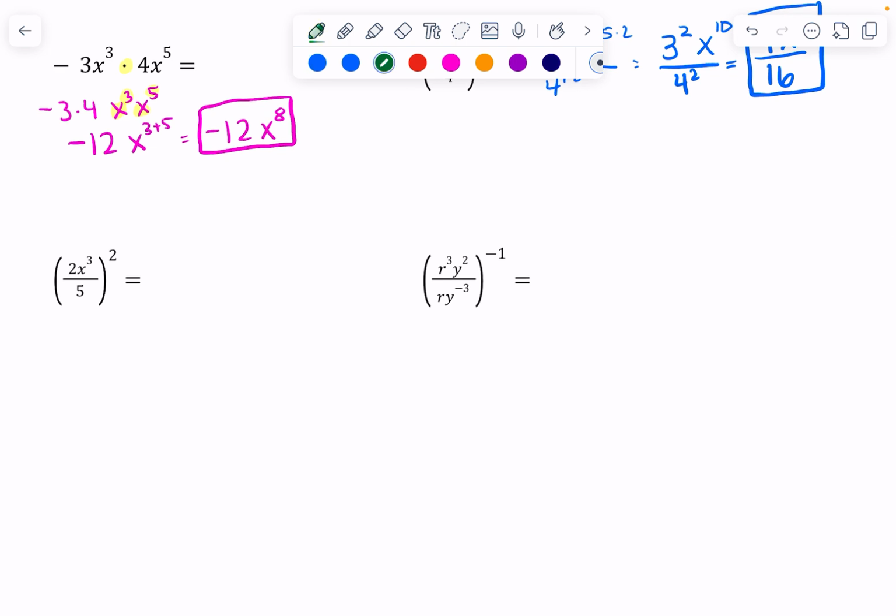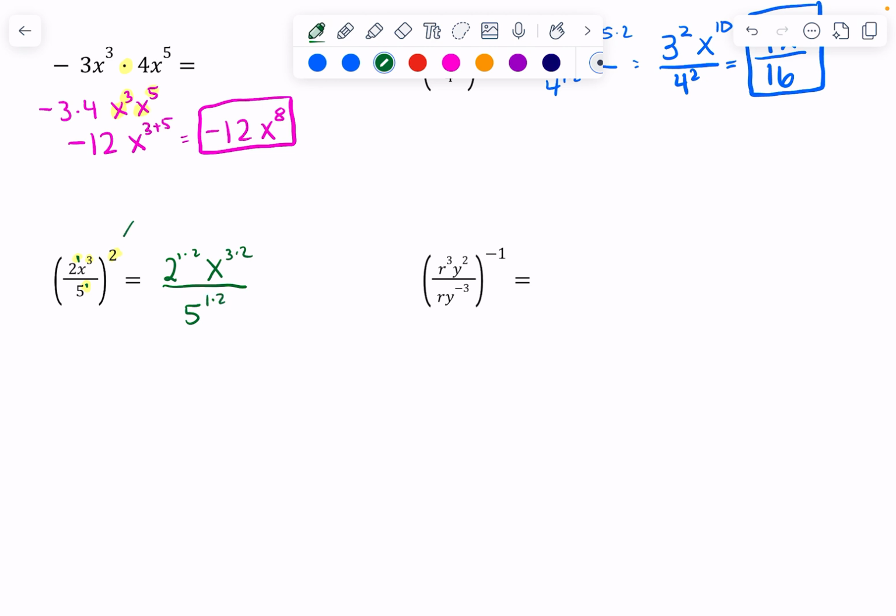Okay, let's do another one here. Again, we have fractional exponents. So we're going to look at all, we have a fraction with an exponent. Our exponent is 2, right? So that's going to apply to all of these exponents. So let's rewrite it. 2 to the 1 times 2, x to the 3 times 2, 5 to the 1 times 2.